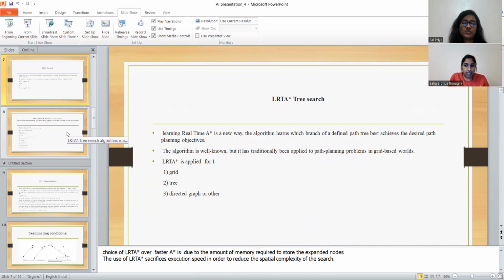In general, the LRTA-star algorithm may be used in any situation, so grid, tree, directed graph or any other kind. LRTA-star was chosen above the others because it is quicker than the A-star method, since path planner performance is limited by the amount of RAM required to hold the expanded nodes. The use of LRTA-star increases execution speed and is sacrificed in order to lessen the search spatial complexity.